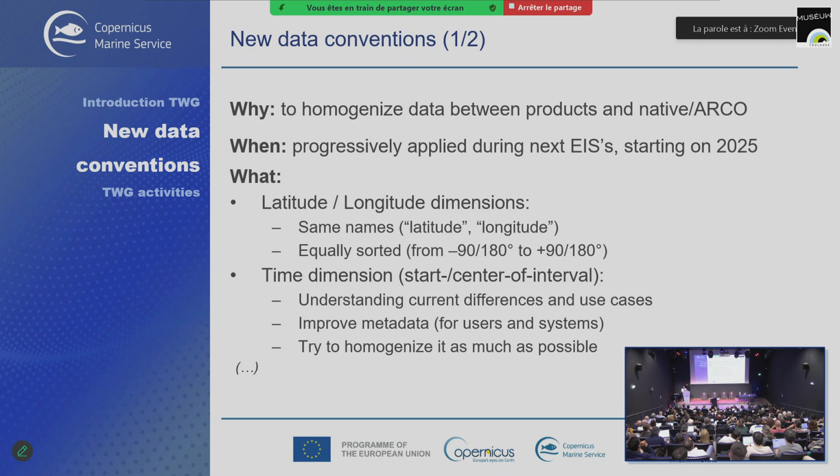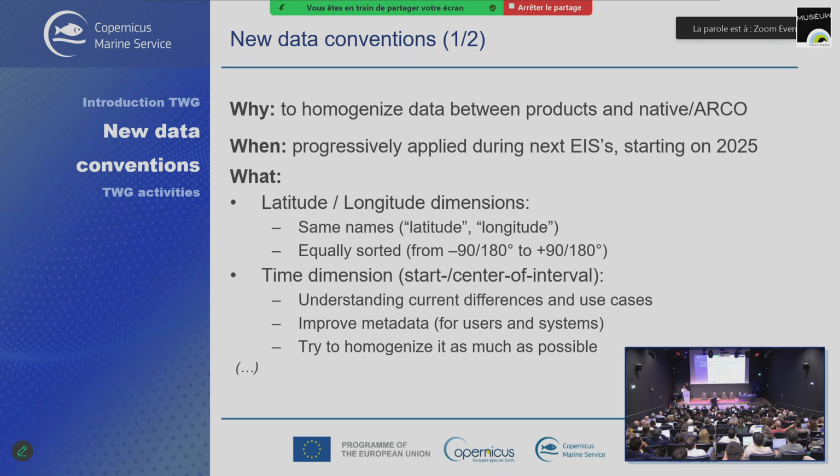We have the hot topic of the time dimension, start of interval against center of interval. Why we do that, and how can we change this, if it is possible to change this, if it is possible to find a solution.